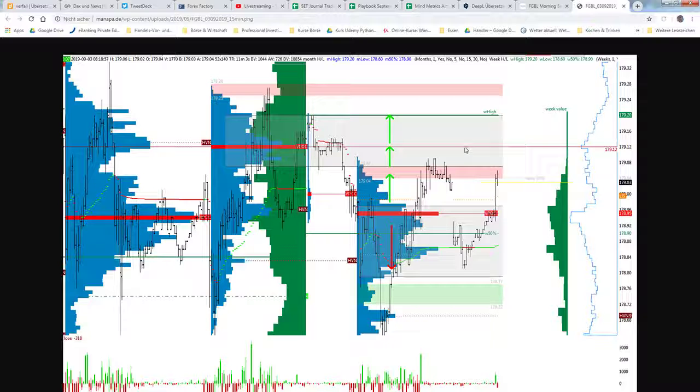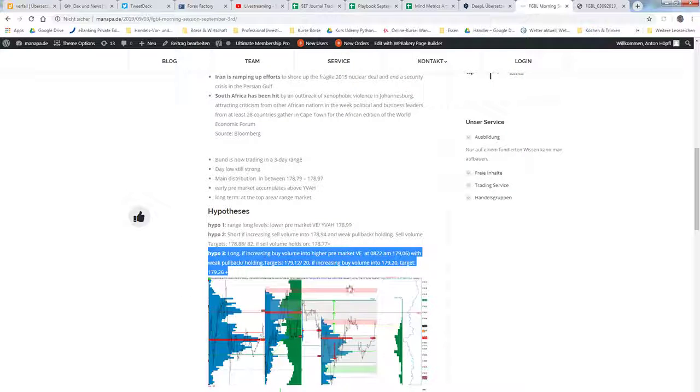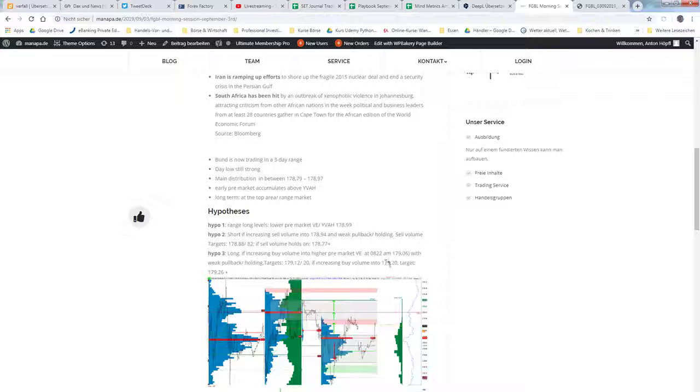We have first the possibility to see targets within the range, within the value. So that means POC 12, and then the week high 20. And then if we see still increasing volume, even above the 20, the target would be 26, and then even a plus trade chance. That means more of a home run if you have a third position.